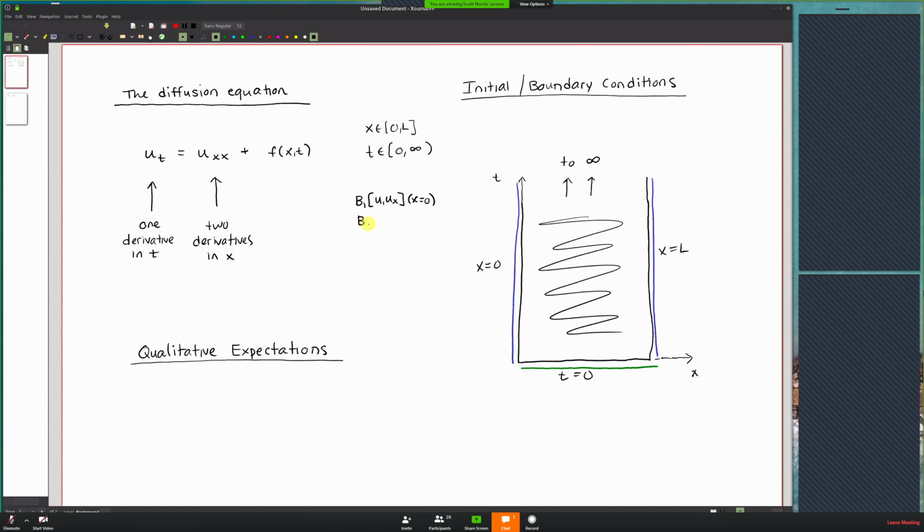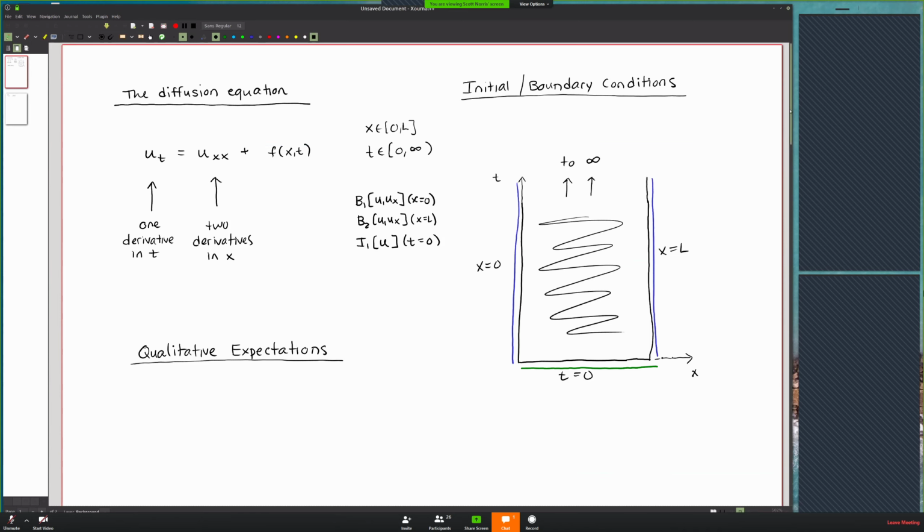And then we might have a second boundary condition, possibly involving u and u_x, that takes place at x equals L. But now we're going to have an initial condition, typically just involving u, that takes place at t equals 0. Okay, so there'll be three sets of conditions every time we study a diffusion equation. One for the one derivative in time, two for the two derivatives in x.